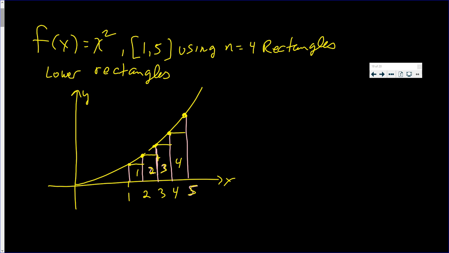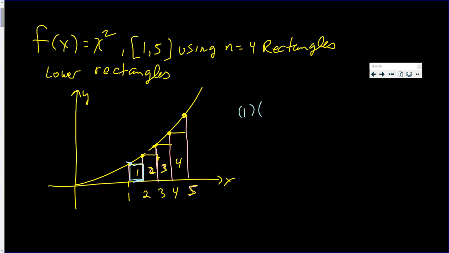Now, what is the area of those 4 rectangles? Well, let us zoom in on the first rectangle. The base is 1, so it's 1 times the height.